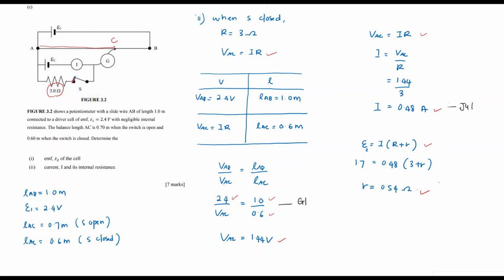Third mark is gantian for E2, I and R. So gantian 1. So E2 1.7, I is 0.48 and R is 3 ohm. We get 1 mark. And fourth mark we get when we calculate r, internal resistance, is 0.54 ohm. So jawapan unit 1. So there are 4 marks for C2 and total mark for the question 3 is 12 mark.